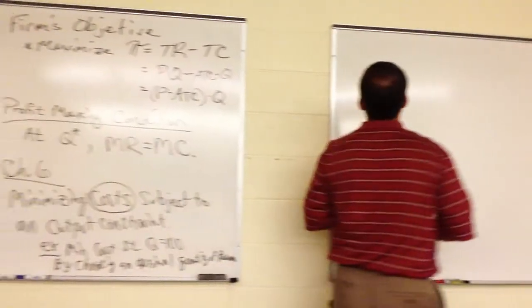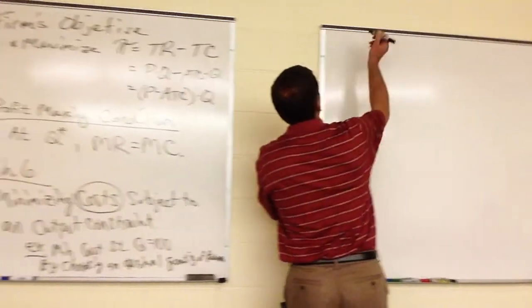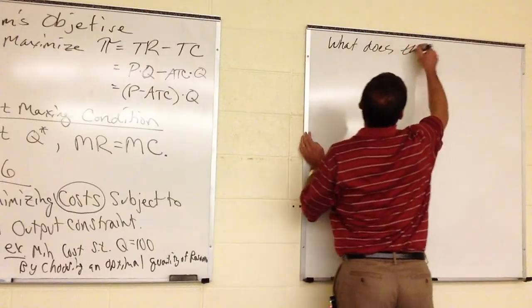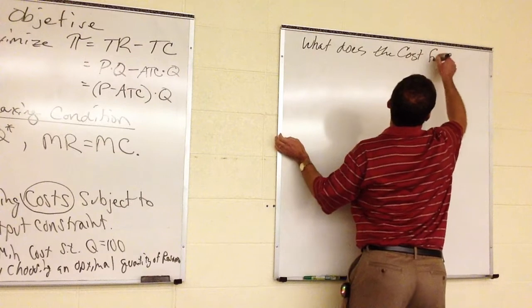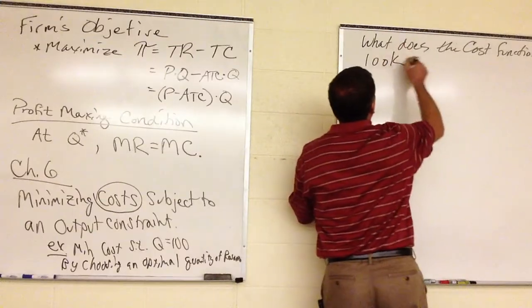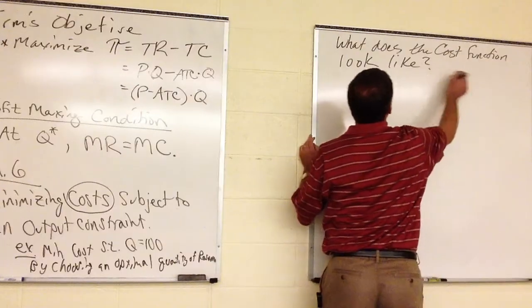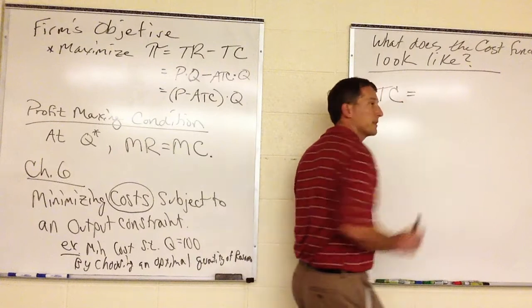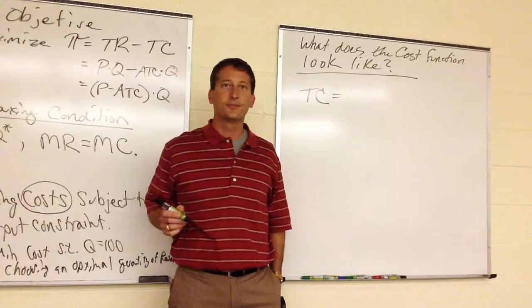So let's look at that cost function. So what does the cost function look like? So total costs equals, put our equation goggles on.